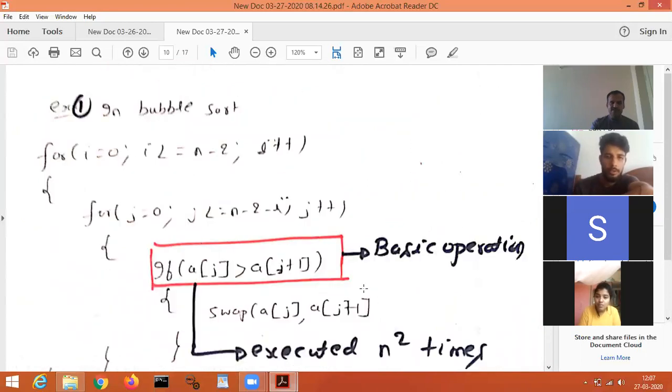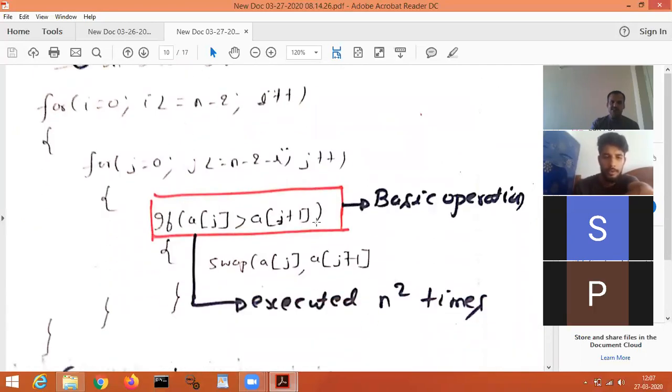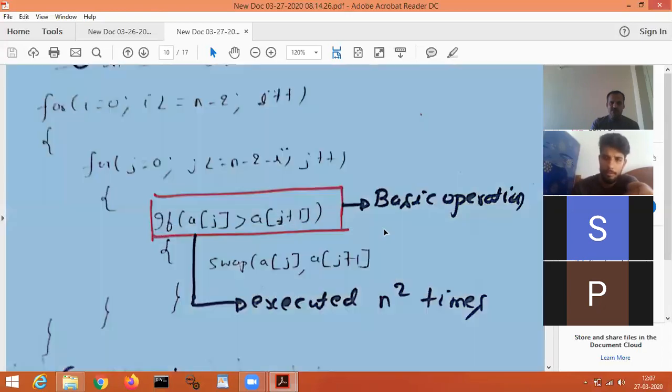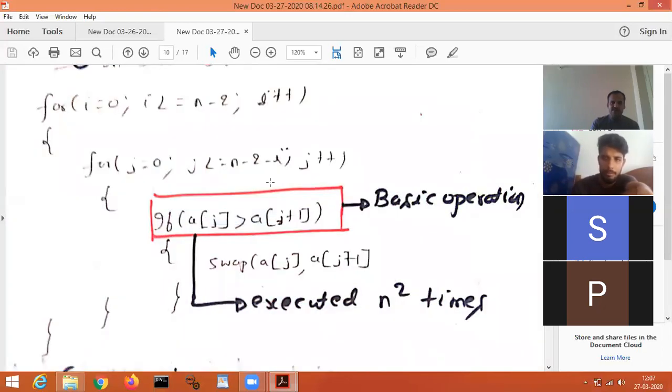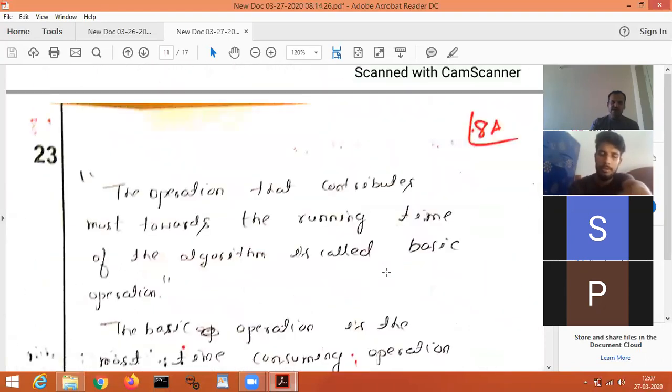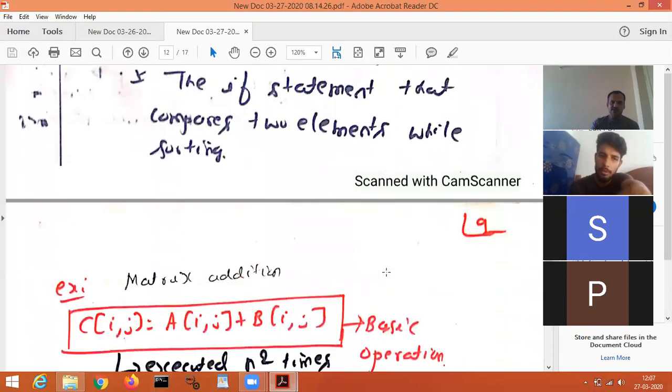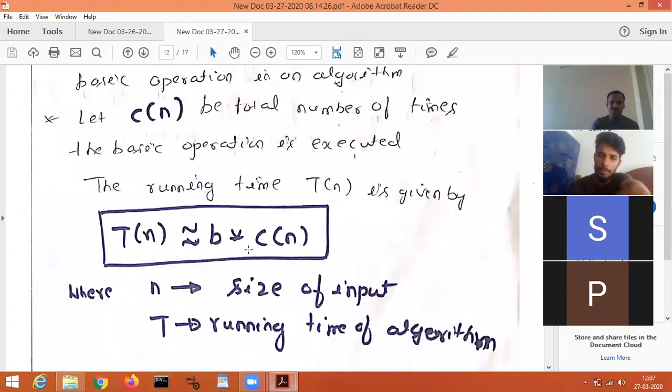Similarly, if you take the bubble sort, assume that if a of j greater than a of j plus 1 will take 1 unit of time. How many times will the basic operation be executed? N square times. 1 into n square is n square. That's why T of n, the time complexity of bubble sort, is B equal to 1 times C of n equal to n square, which is n square.